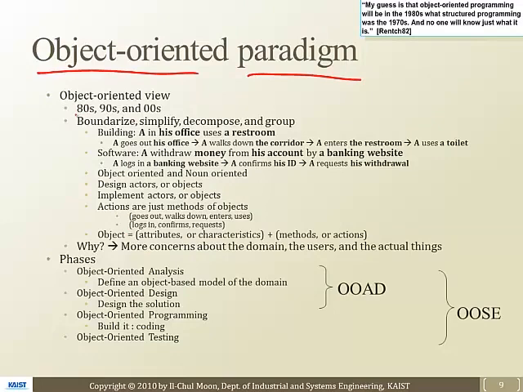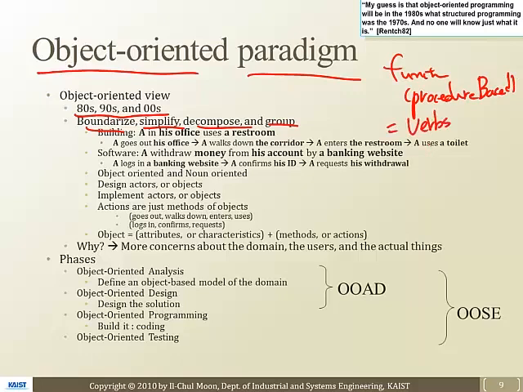The object-oriented paradigm is the view of the 80s, 90s, and nowadays. We still want to boundarize, simplify, decompose, and group. That's the same. But previously, function or procedure-based design focused on verbs, such as count, find, or calculate.